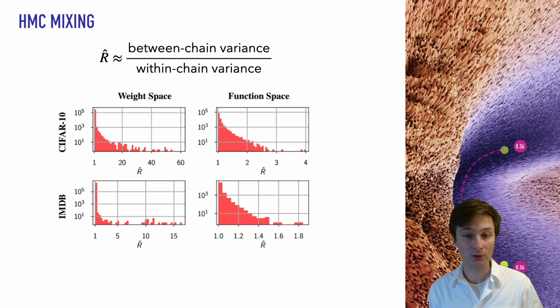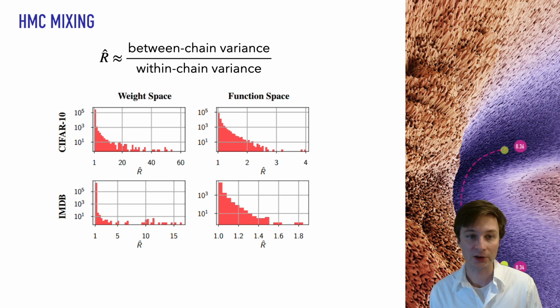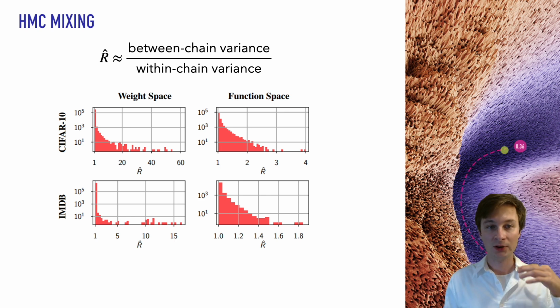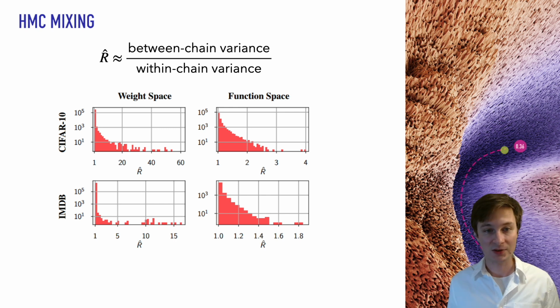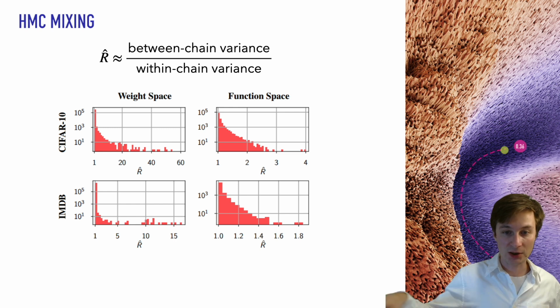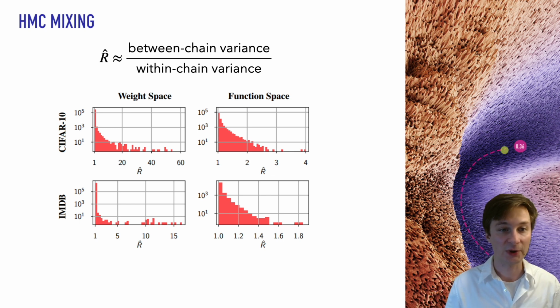So first of all, we can study whether or not it actually works, and in terms of mixing, does it actually cover the posterior? We can study that using the R hat metric. R hat is the ratio of the variances within the chain and between the chains. So if each independently run chain of this method is as diverse as a collection of multiple independent chains, then this metric will be close to 1.